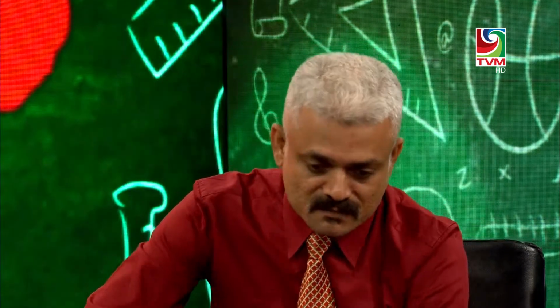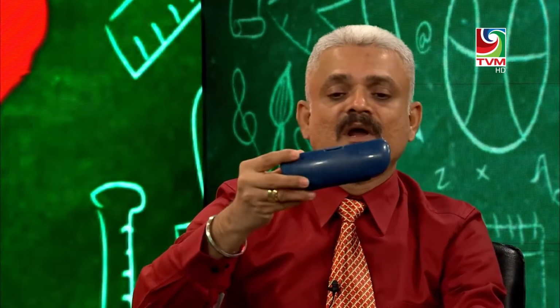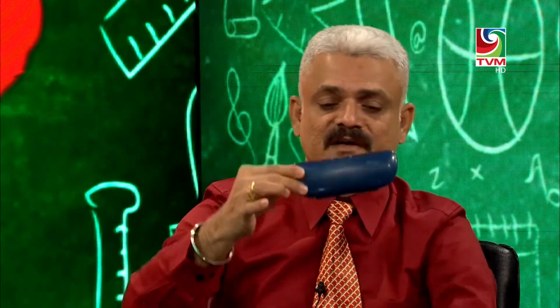Let me take this spectacle case and imagine it as a printer drum. Once the data is ready to be printed, this printer drum is given a complete positive charge. You can't see it, but it's completely given.